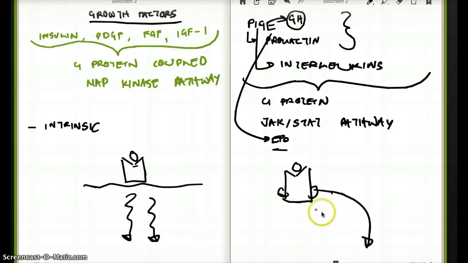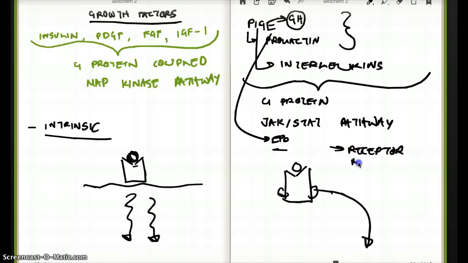So, have I made this clear? The MAP kinase is also a tyrosine kinase pathway, but one key difference is that this is intrinsic and this is receptor mediated.